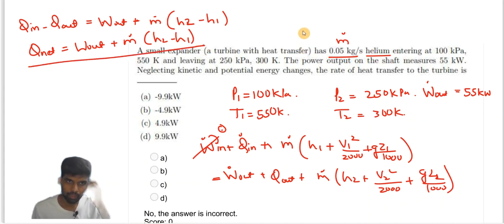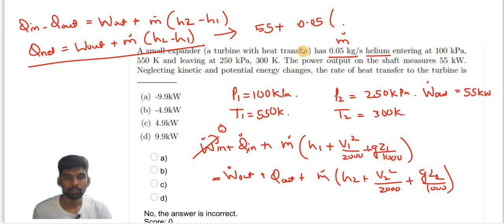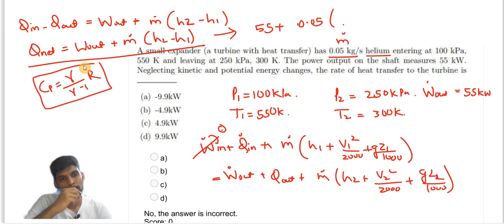Since W out they have given as 55 kilowatt and m dot is 0.05, for helium you have to calculate Cp, which is gamma upon gamma minus 1 into R. Gamma is 1.667 for monoatomic gases because it is helium, and R is the characteristic gas constant, which is the universal gas constant divided by the molar mass of helium.